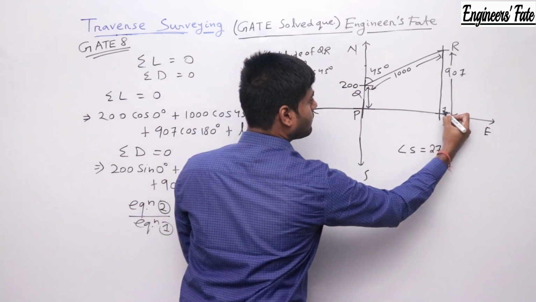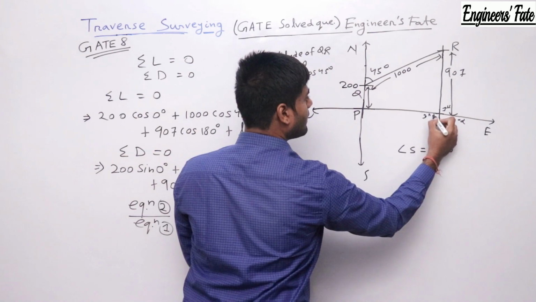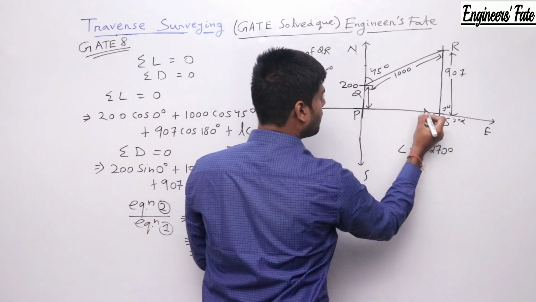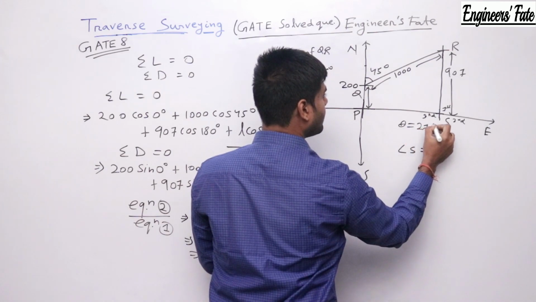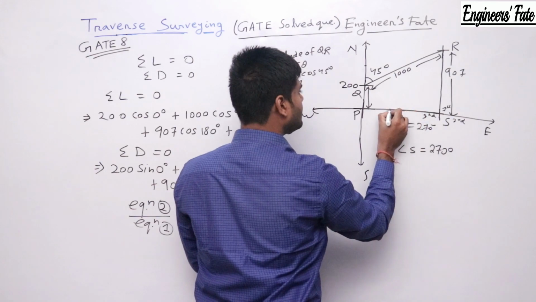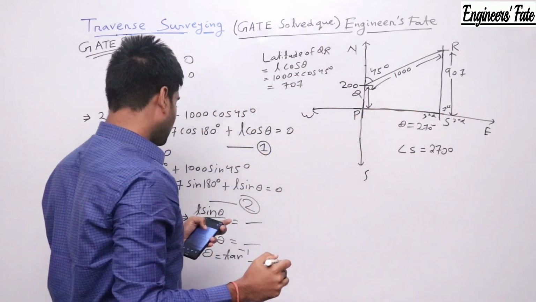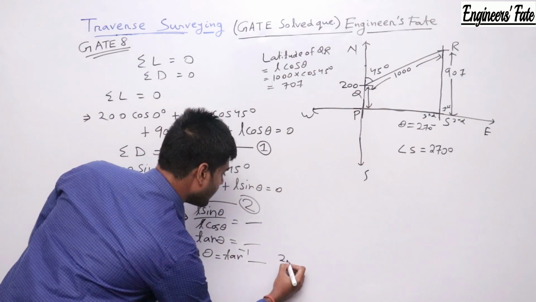So you can see this is the first quadrant, this is the second quadrant, this is the third quadrant, and at the fourth quadrant what is the value of theta? Theta value is 270 degree. So exactly the traverse is ending at this P. So the value of theta will be 270 degree.